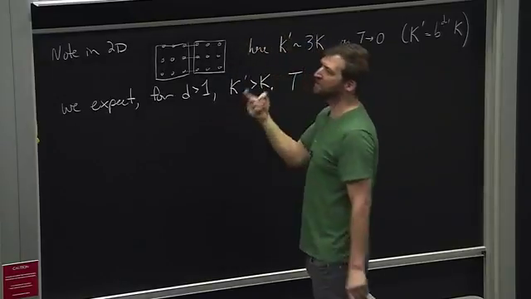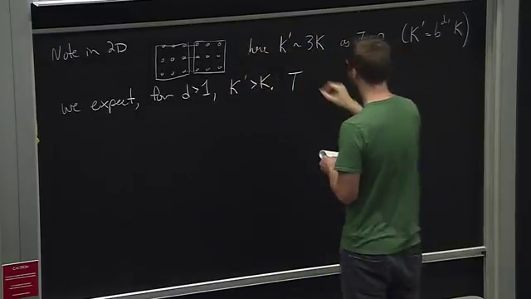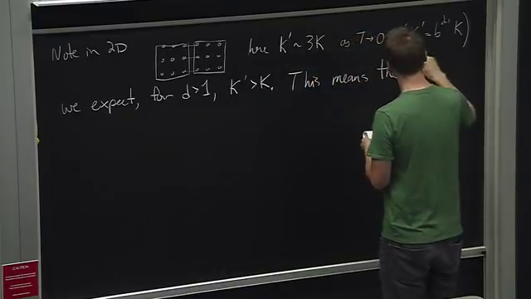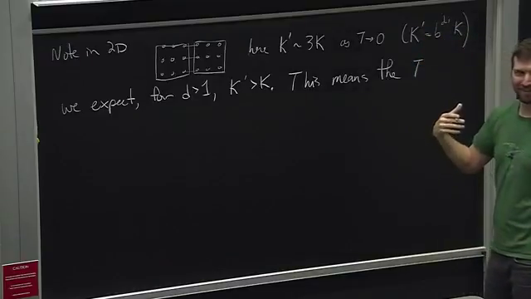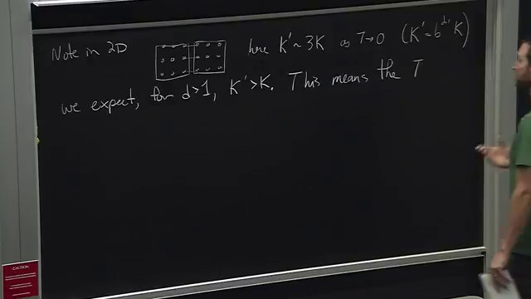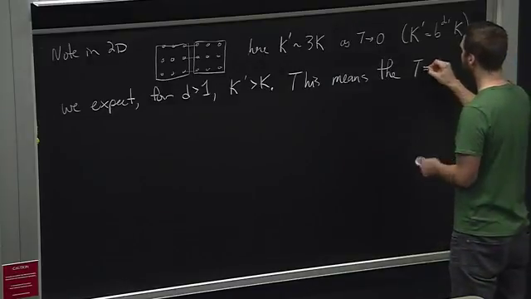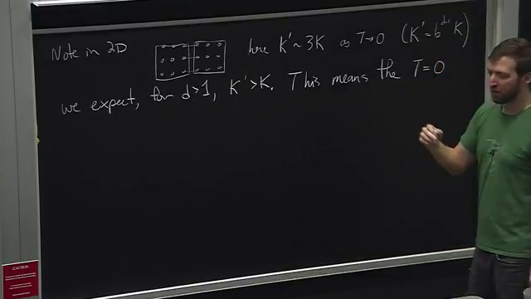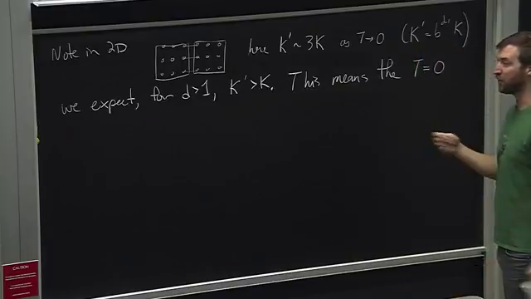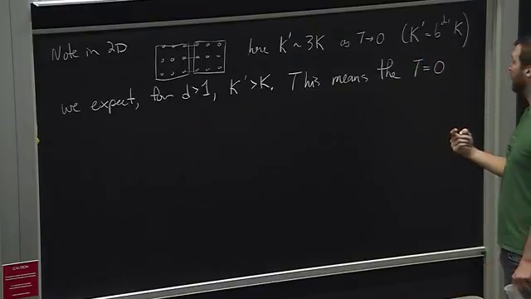But remember, K is like inverse temperature, right? So we're always increasing K, right? So it's like we're always decreasing the temperature as we do this transformation in higher dimensions. So it means that if we perturb ourselves away from that T equals 0 fixed point, the RG flow will push us back.